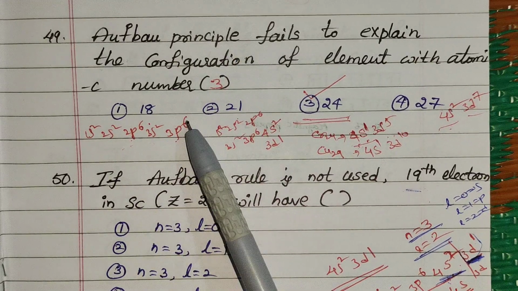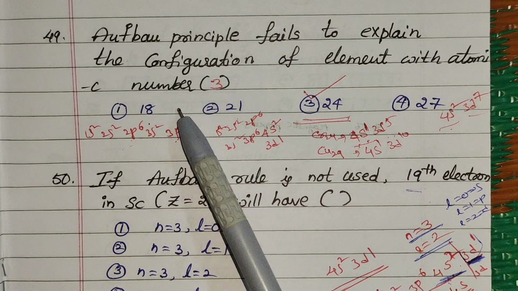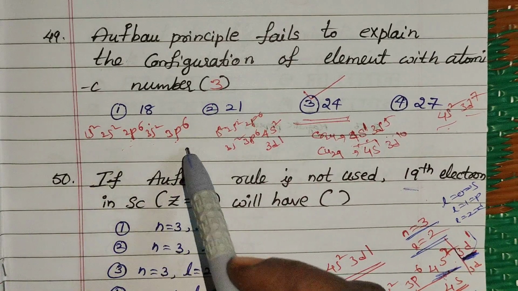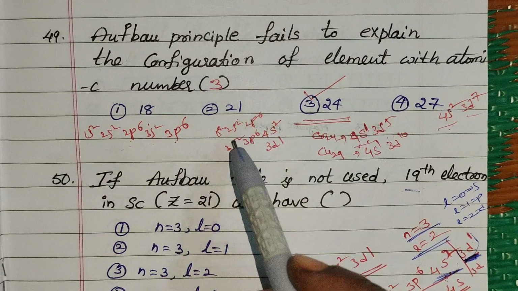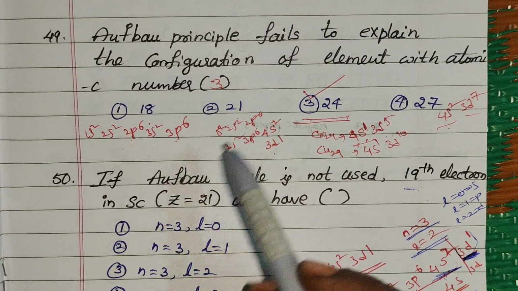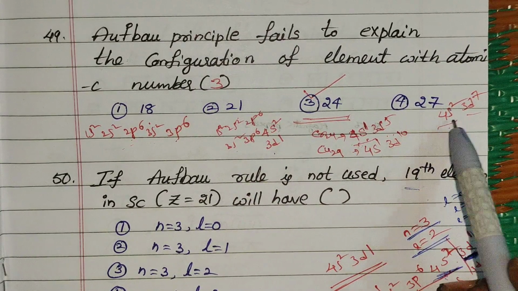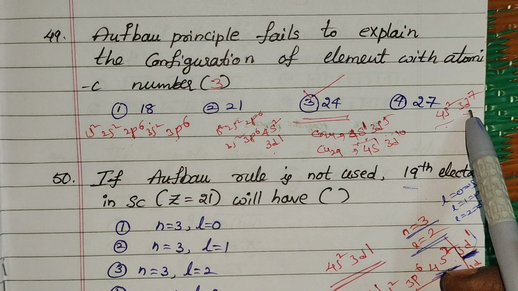For 18 electrons, 1s2 2s2 2p6 3s2 3p6, it is fulfilled. Later, for 21 electrons, 1s2 2s2 2p6 3s2 3p6 4s2 3d1, it is also a normal configuration, there is no problem. And for 27, once we check, the same ending 4s2 3d7 will come.